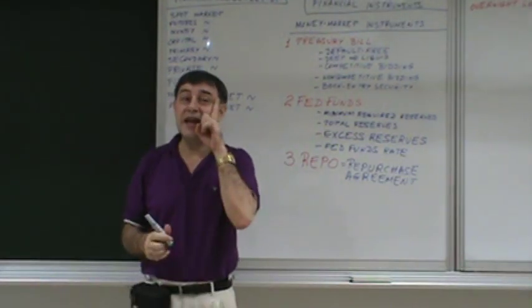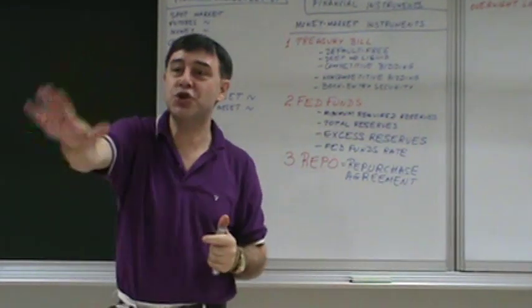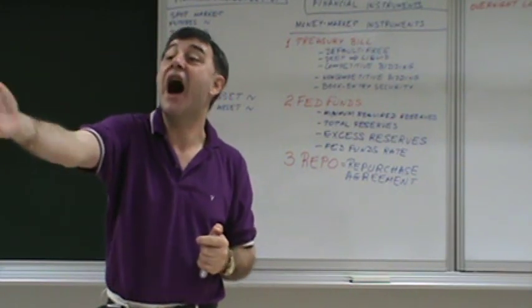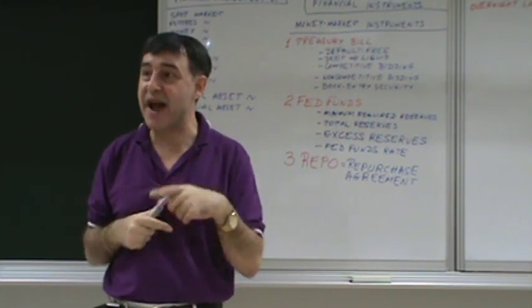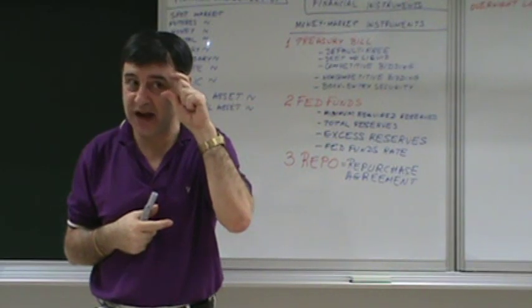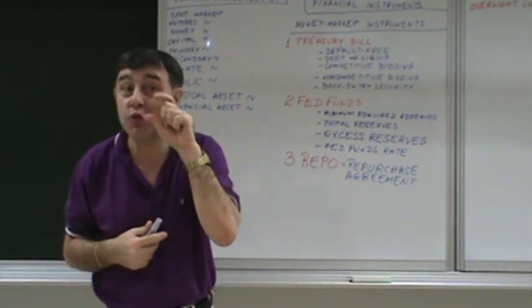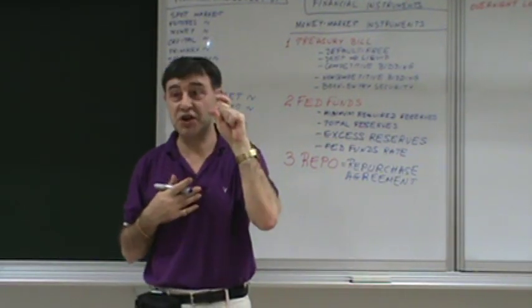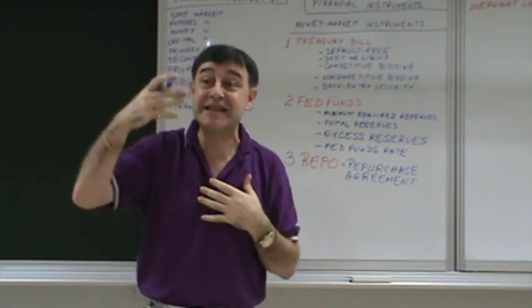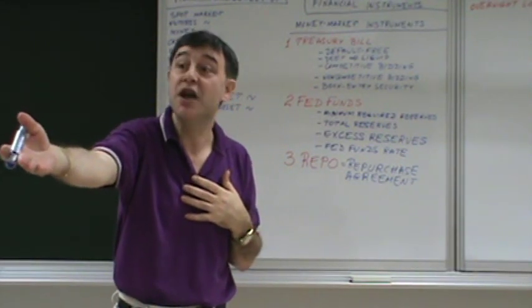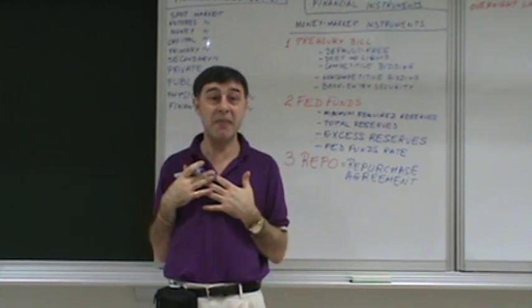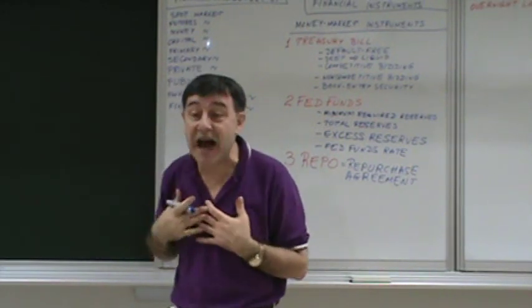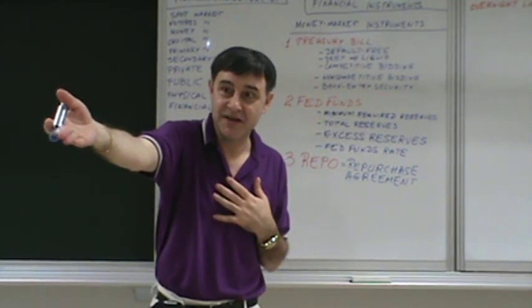So the legal definition is I'm selling it to you. After 1 month, I agree to buy it back at a little higher price, and that little higher price gives you the return. When I sell you the security, you are giving me money, and after 1 month, I'll give you the money back.